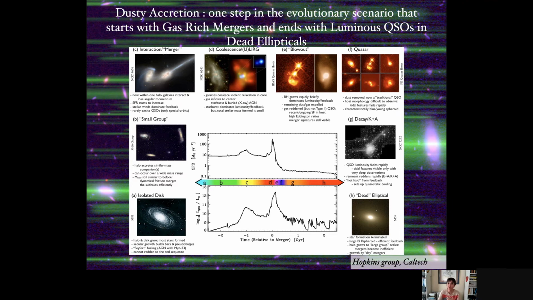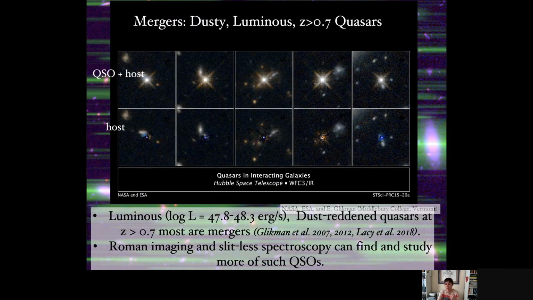In addition to our originally posed reason, which is that we want to find all the black holes, especially all the ones that are growing, whether obscured or not obscured, some evidence of this scenario and of this important stage came from high-redshift HST observations by Glikman et al. of quasars at redshifts greater than 0.7.